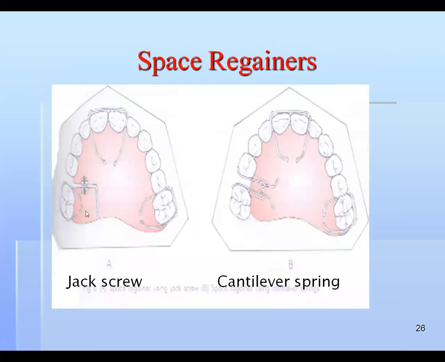This is a space regainer with a jack screw, which is retained using Adams clasp. The screw is activated, which will apply force on the teeth and regain the lost space. This is a space regainer using a cantilever spring.